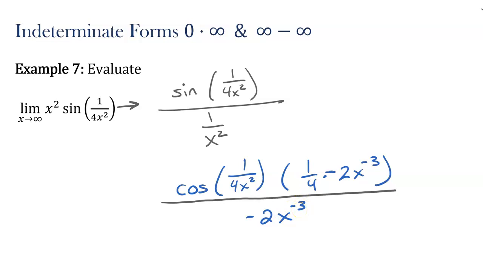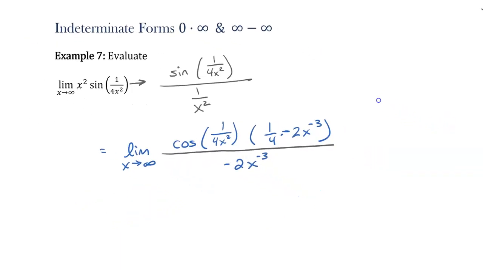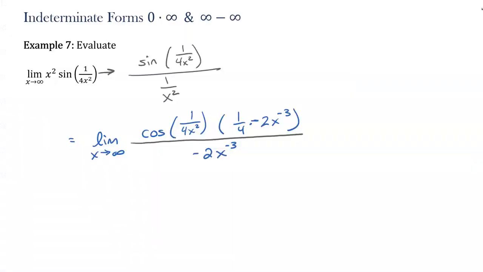Yay! Okay. Limit as x approaches infinity, because that was actually the goal. Okay, let's simplify this. Don't you just love it when they make it interesting? So those two things will cancel out, there and there. So we get the limit as x approaches infinity of 1/4 in front of cosine of 1 over 4x squared. Much better.